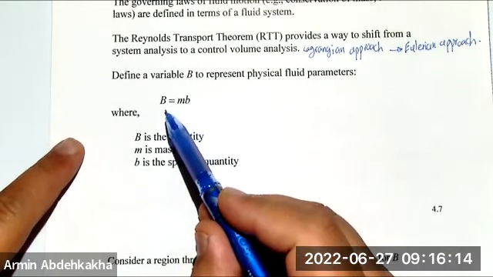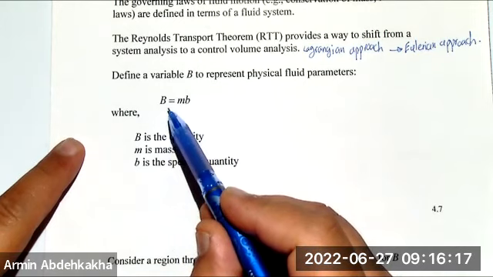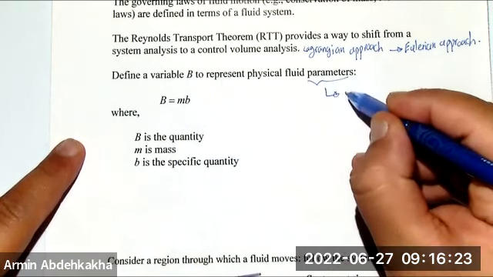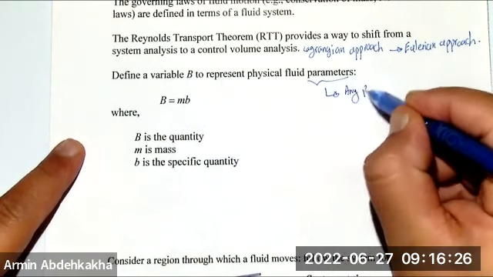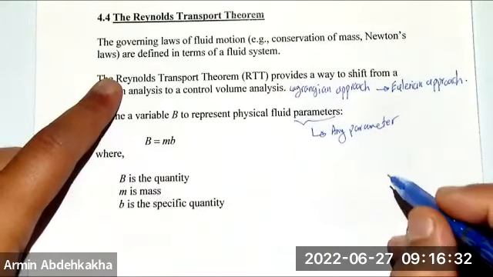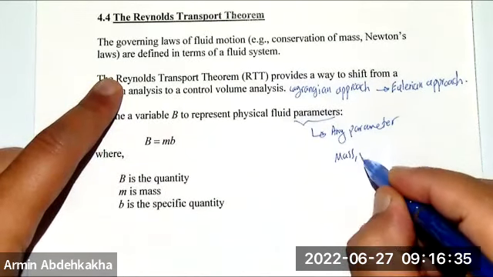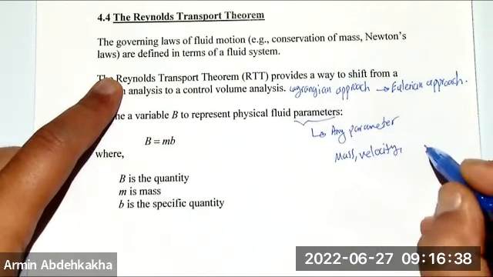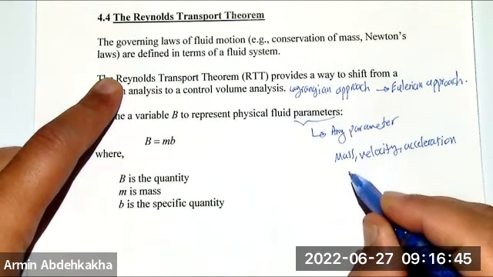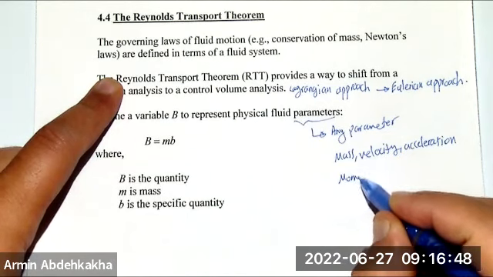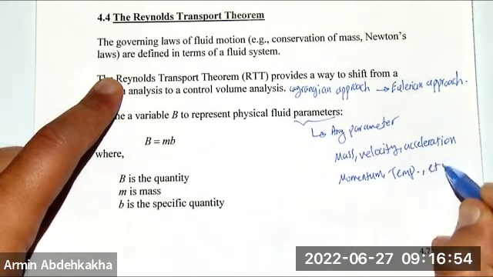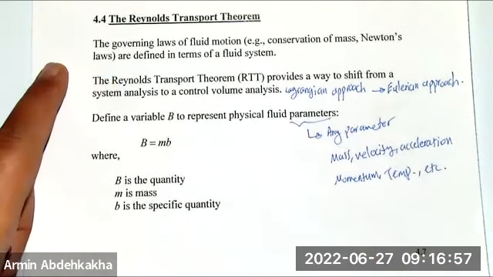So if I say that B is a quantity or parameter in the fluid, it could be any parameter, like mass, velocity, acceleration, even momentum, temperature, and so on and so forth. It could be any parameter, right?